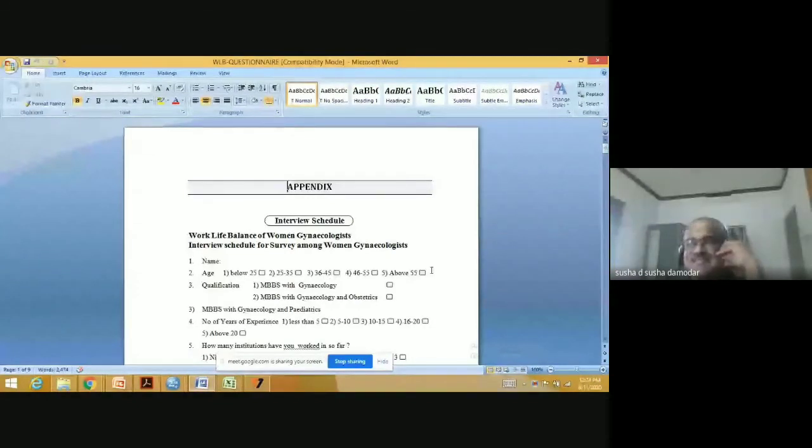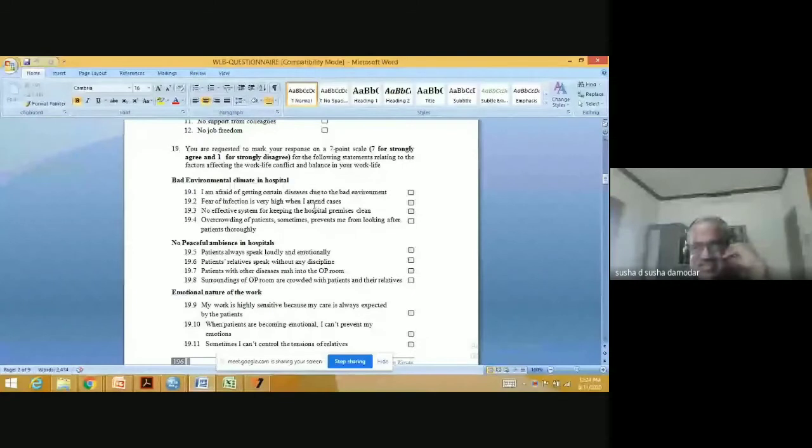But question number 19, in order to measure certain variables under study, we use different statements upon which the response may be obtained on a 7-point scale basis. These are called interval scale variables. If we use interval scale, definitely we convert the qualitative variable quantitatively.